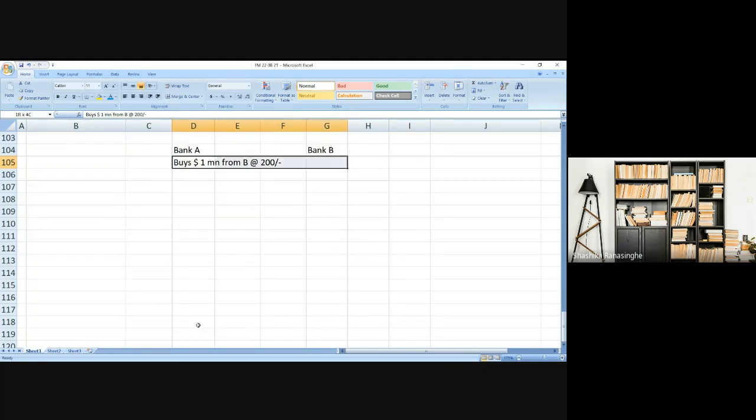This is the underlying scenario. Bank A has bought $1 million from B at a price of 200 rupees.